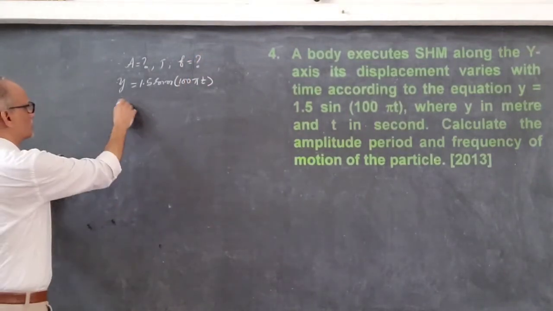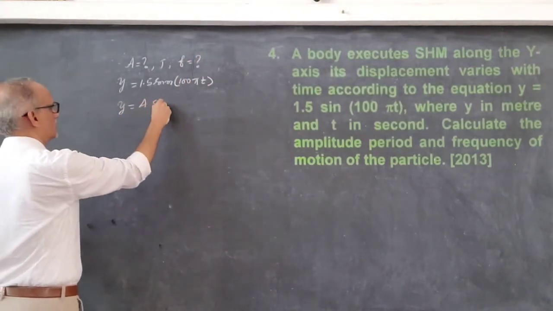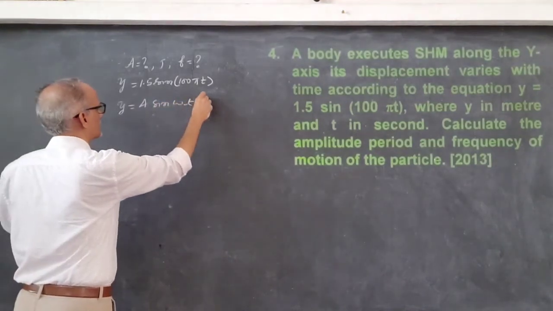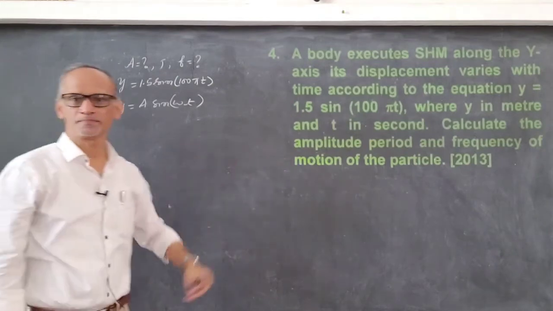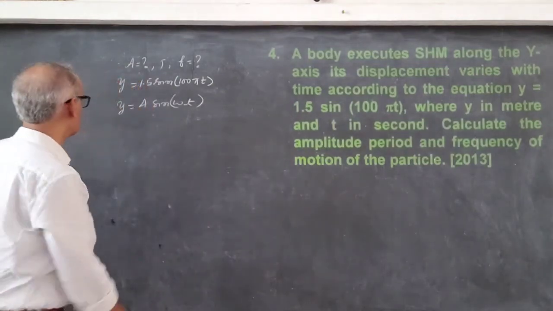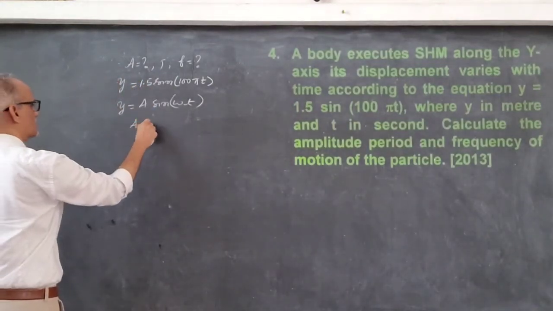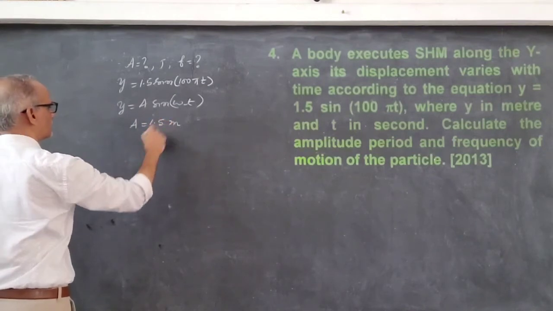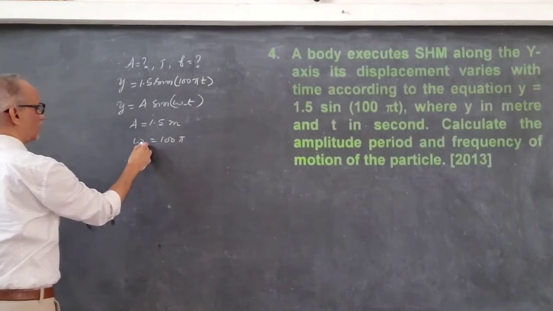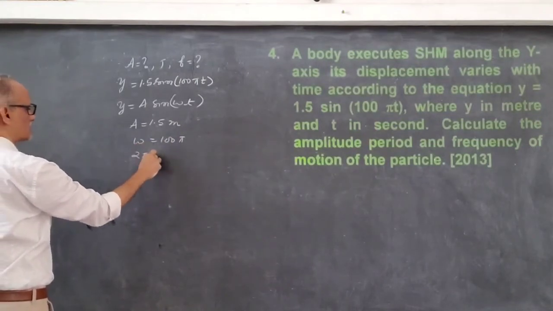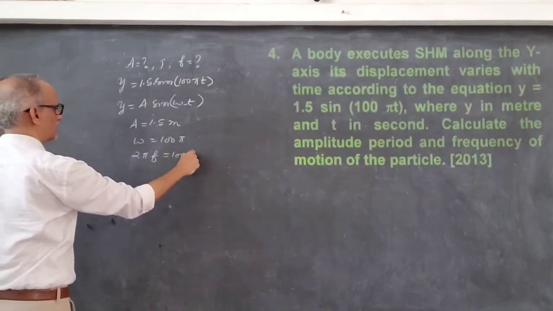This equation is of the format y is equal to A sine omega t, because that is the equation which represents simple harmonic motion. Now you compare: what is A, the amplitude? So A is 1.5 meter. Compare omega, what is omega? Omega is 100 pi. And we know that omega is equal to 2 pi f, which is 100 pi.